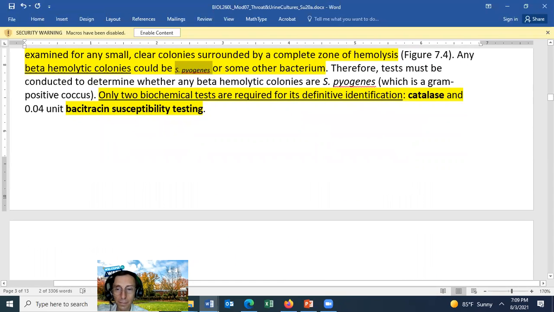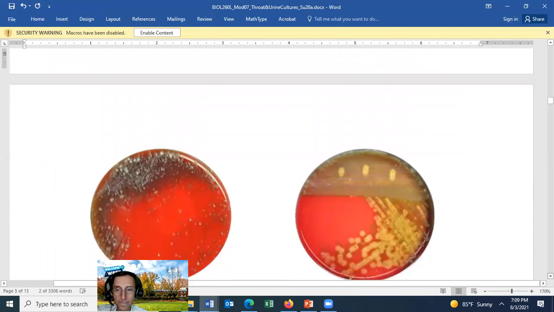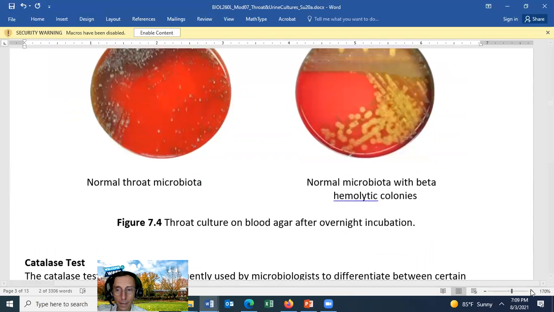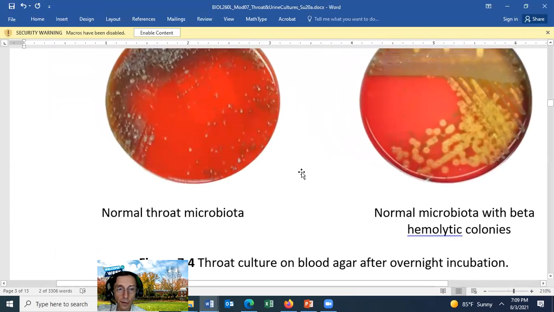Oops, that didn't blow up. So this is normal throat, where there is no hemolysis, or where it's dark here, there's partial hemolysis.